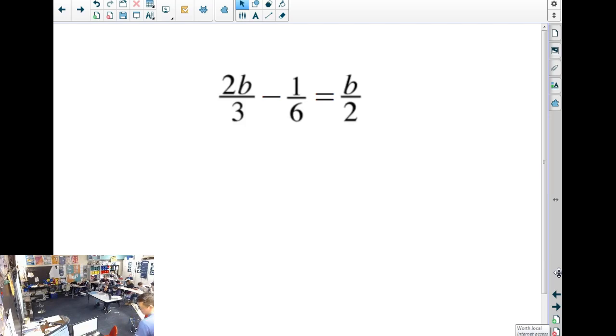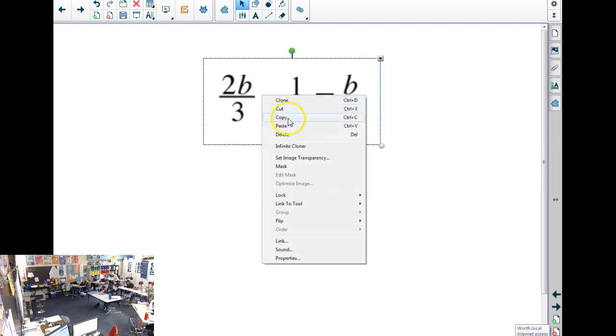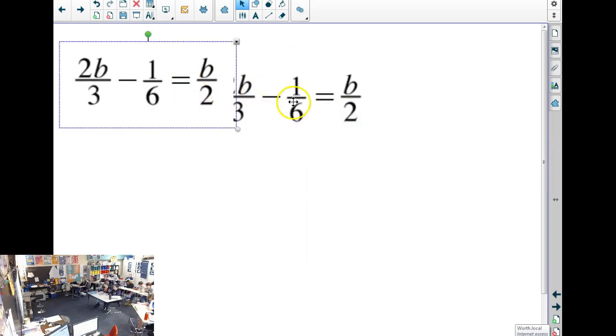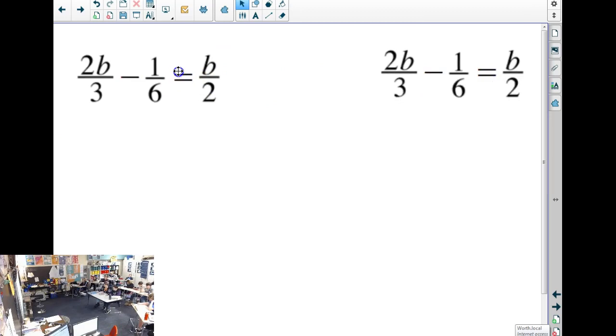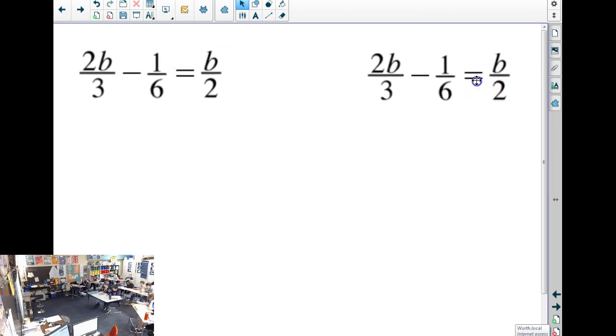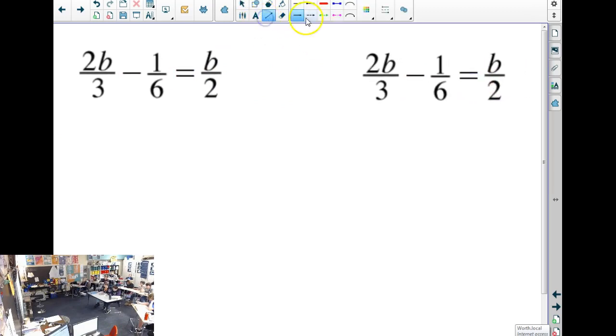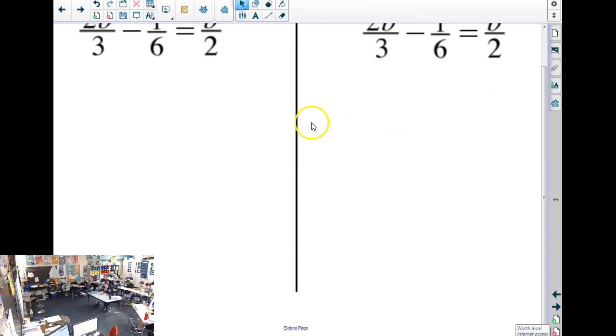I'm actually going to probably copy this and do both. What should we be multiplying by on both sides? What number are we going to multiply by on both sides? We don't need to go to 18. Don't need to go to 12.